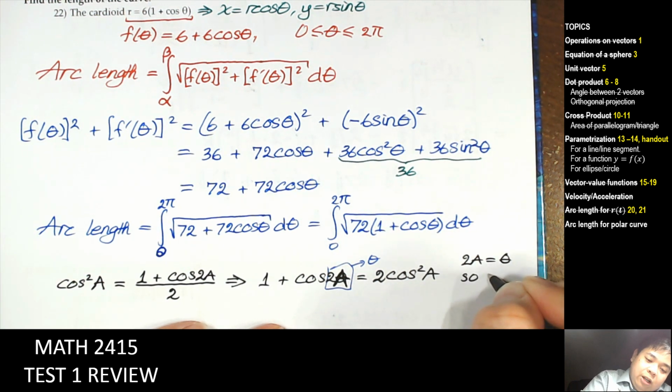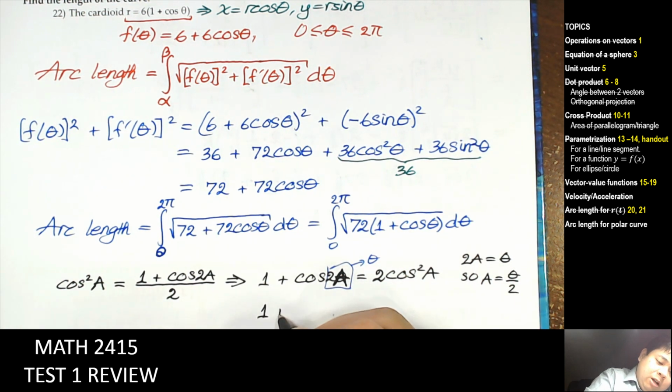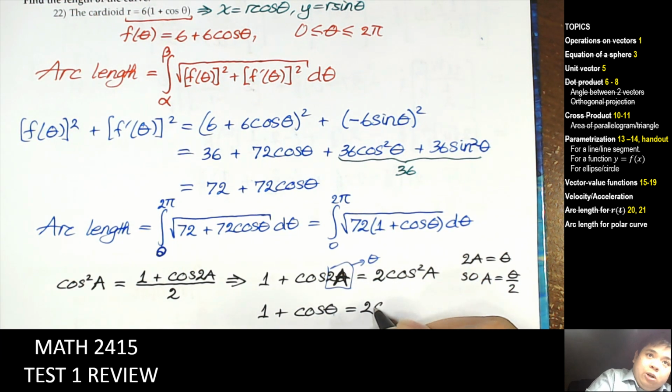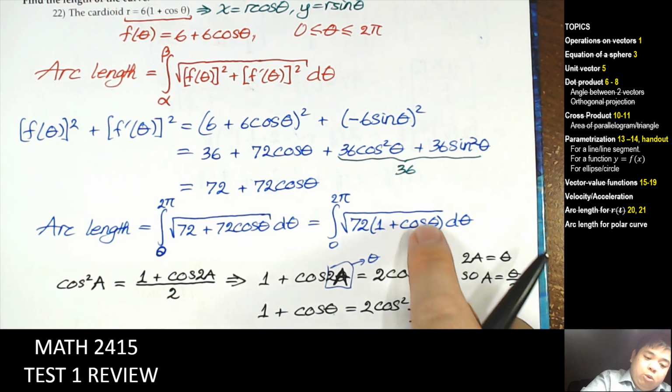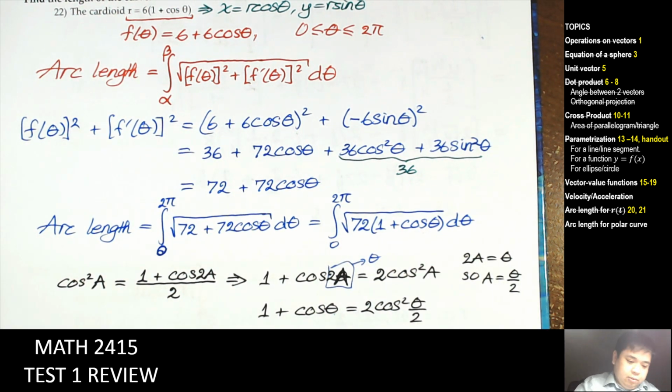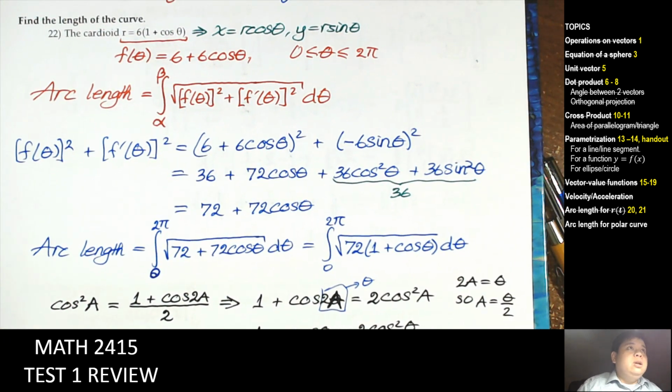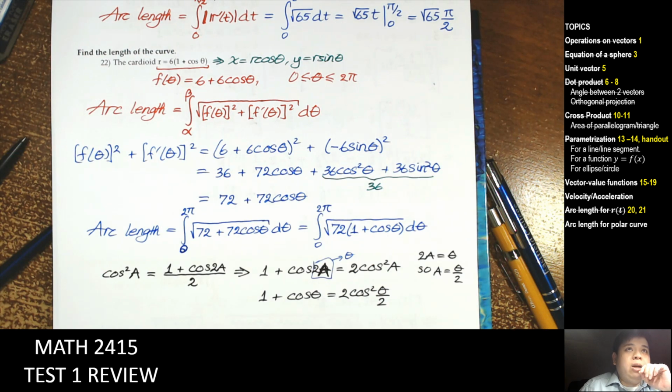So A is theta over 2. So we have 1 plus cosine of theta equal to 2 cosine squared of theta over 2. We're going to put that in there. I need to zoom out so we see the whole problem.